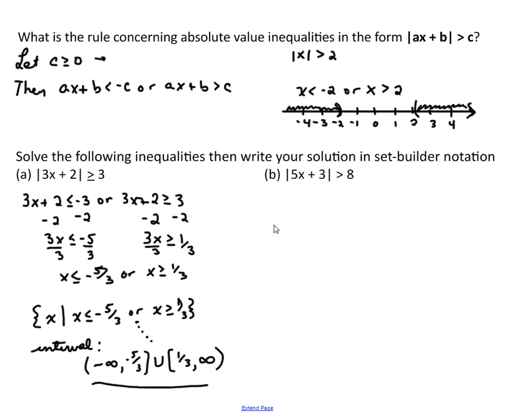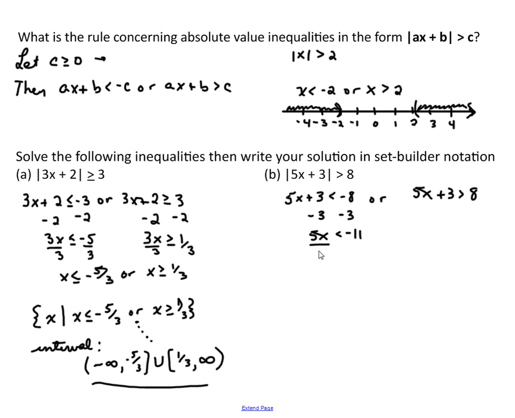All right, one more here. Let's try the absolute value of 5x plus 3 is greater than 8. Rewriting, that means 5x plus 3 is less than negative 8, or 5x plus 3 is greater than positive 8. So we split it up into a compound inequality and solve. I'll just run through it here. Subtract 3, 5x is less than negative 11.